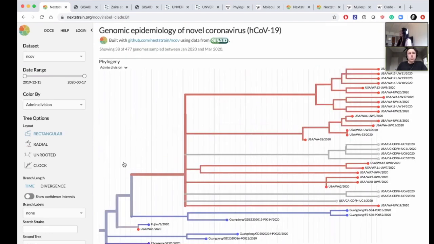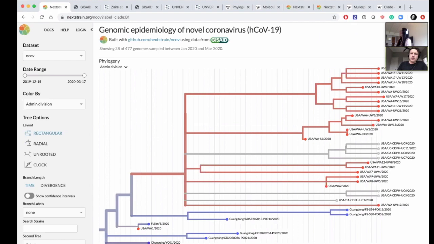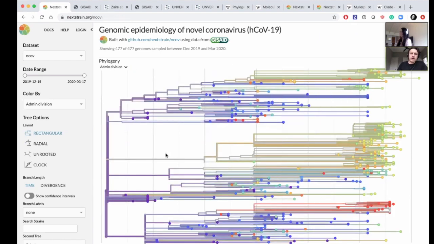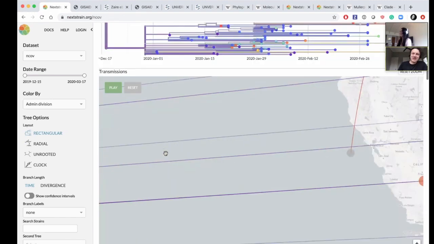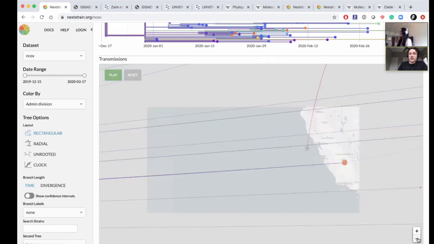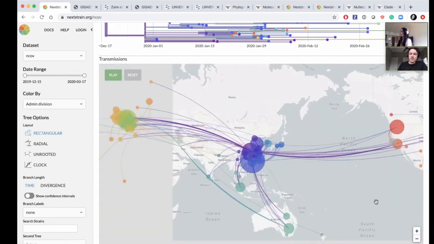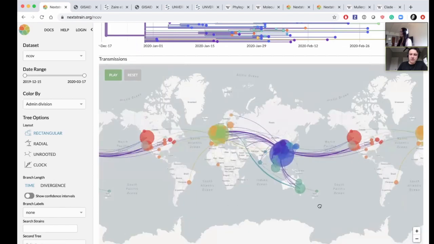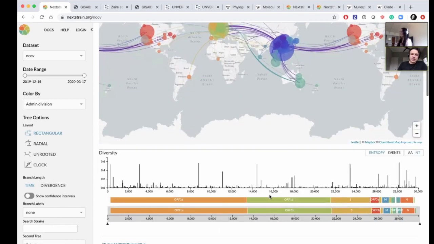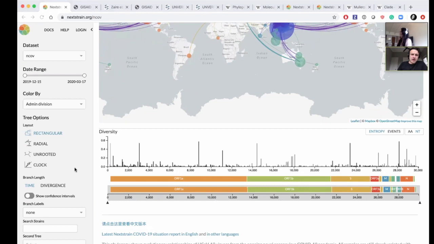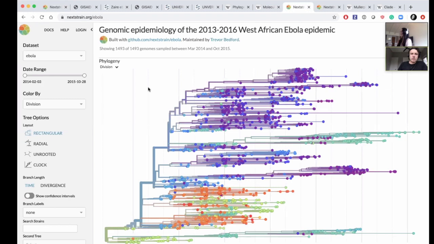Okay, so we wanted to go back to what you were asking just before the break. Nucleotide. Right. This is where I'm at the most risk of saying something inaccurate. But if we consider down here where it says diversity, let's go back to Ebola, because we can see the genomes for those.